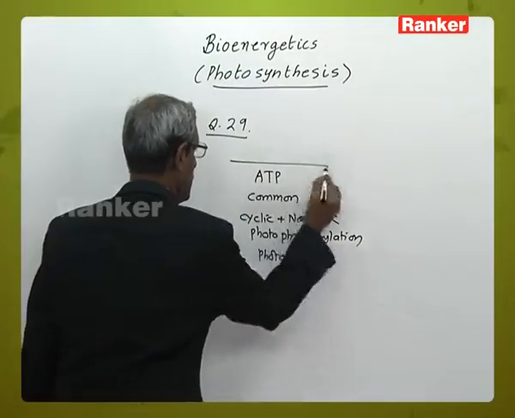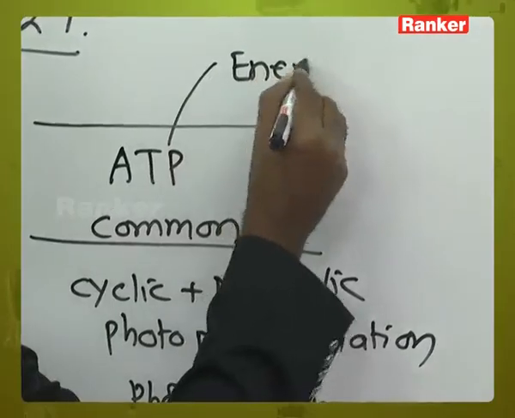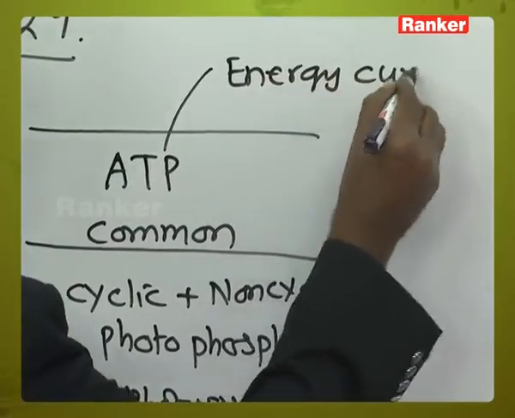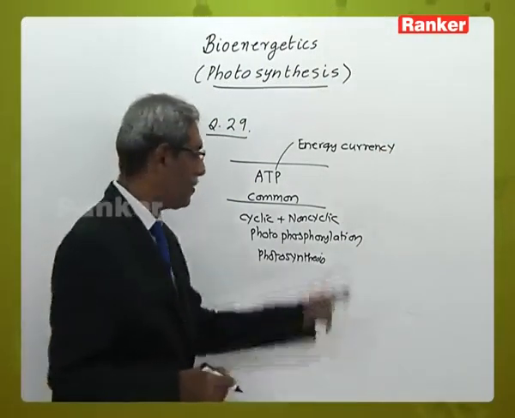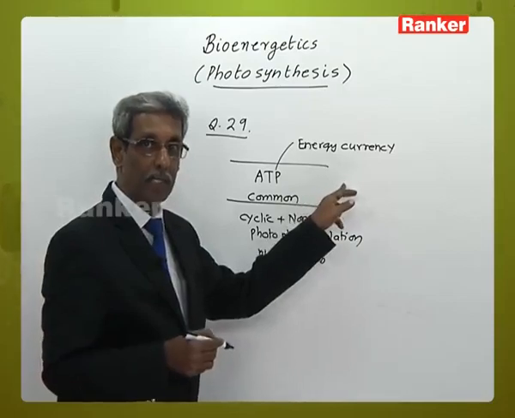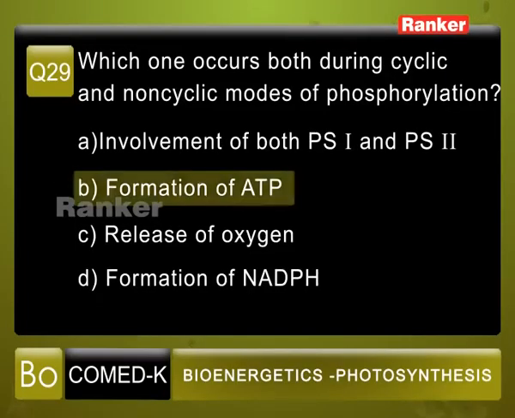So, the common molecule is ATP, hence it is also termed as the energy currency of the cell, because it is the source of power for the dark reactions to occur during photosynthesis. The right answer is B, that is ATP molecules.